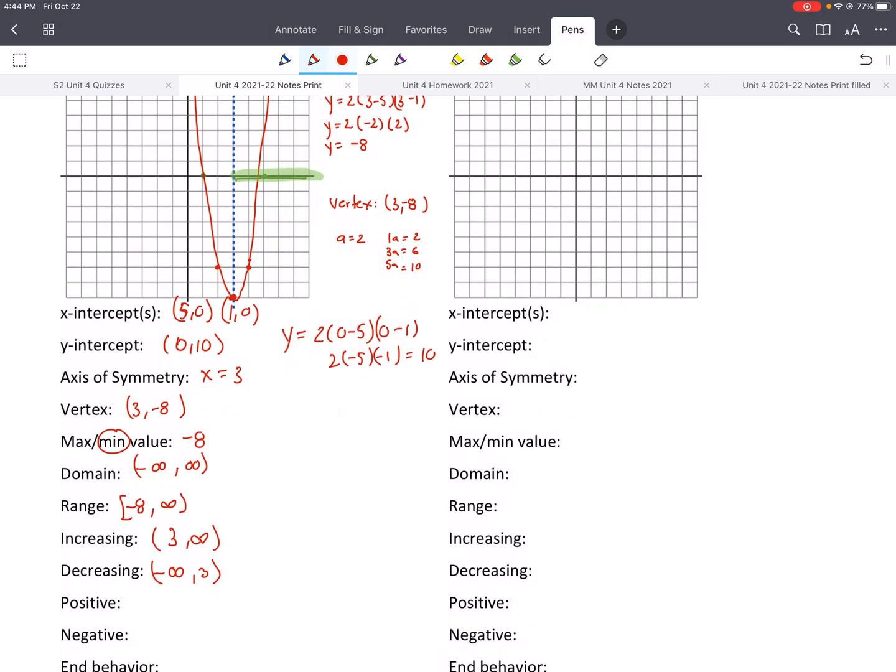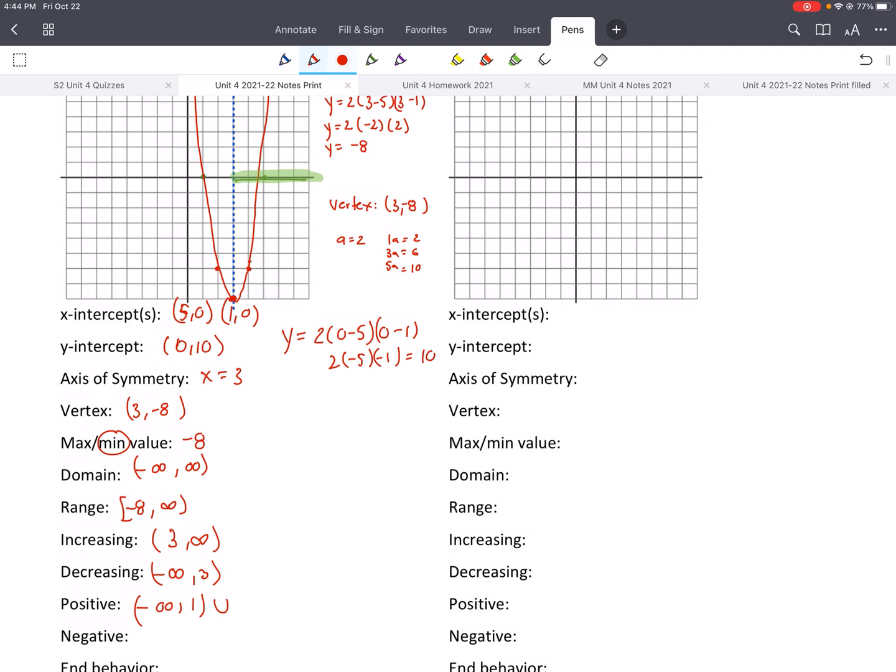Positive, again, is all the lines above the x-axis. So that would go from negative infinity to 1, and it would also be from 5 to infinity. And negative is this portion, so that's from 1 to 5.